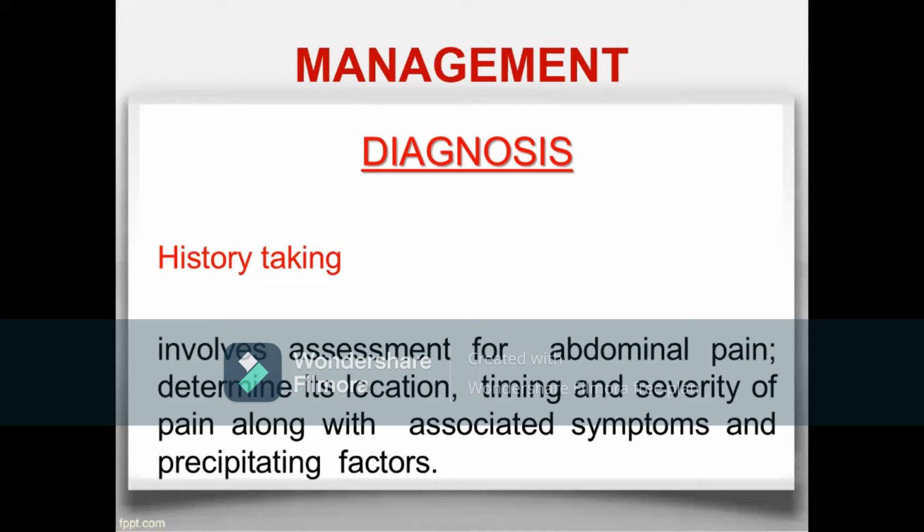It also usually indicates to us as clinicians the timing and the severity of the pain which the patient is experiencing. So the first thing to jot down for those who are preparing for examinations, you need to take the history. History taking becomes so paramount.